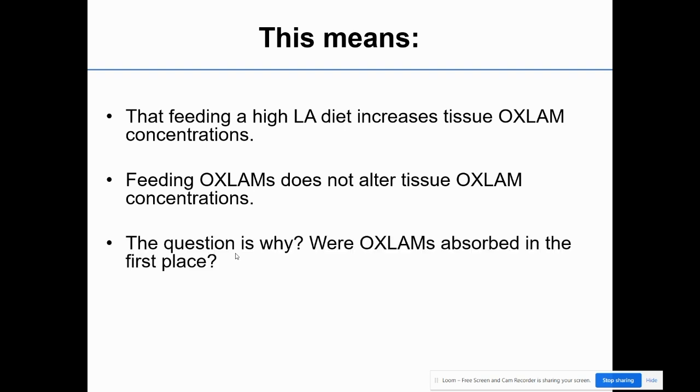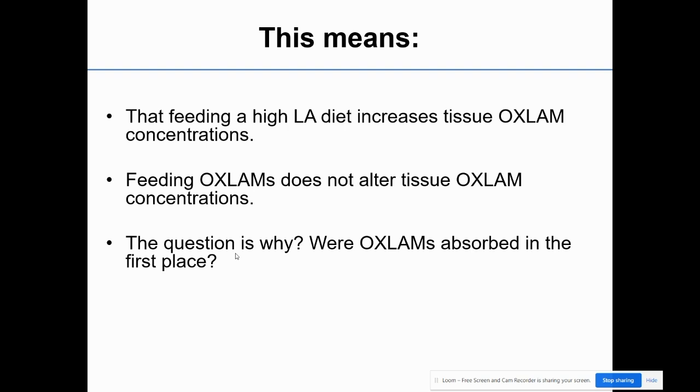So the question is why? There's 2 possibilities. Either the OXLAMs are not absorbed in the first place, so you have them in the diet and they just don't get absorbed, they exit the other way. Or the other possibility is that they get in and get metabolized quickly, so we're not able to measure accumulation in liver or brain or other tissues over time.